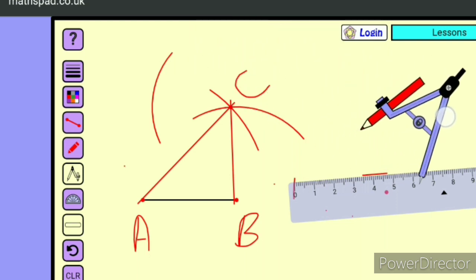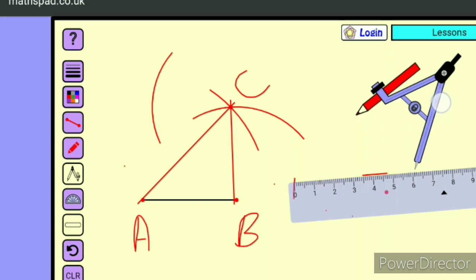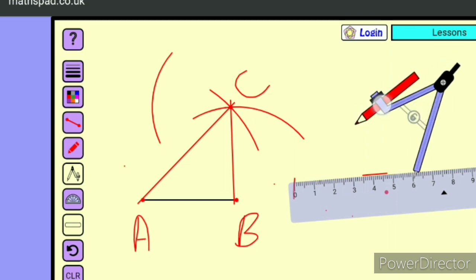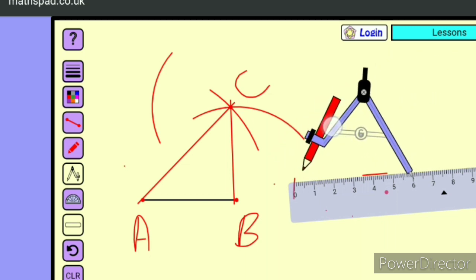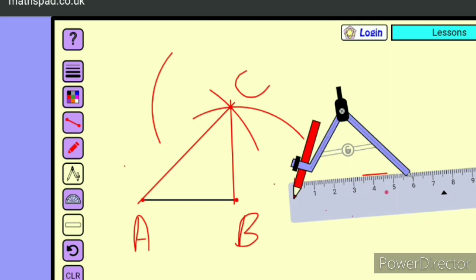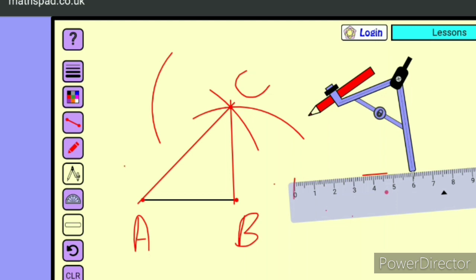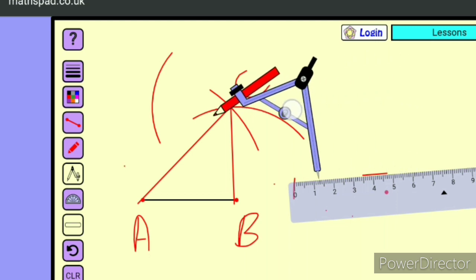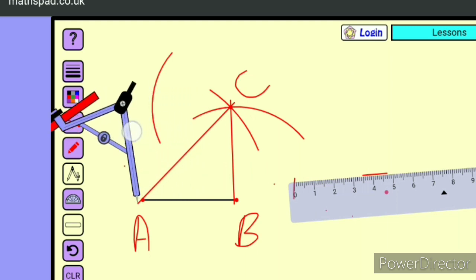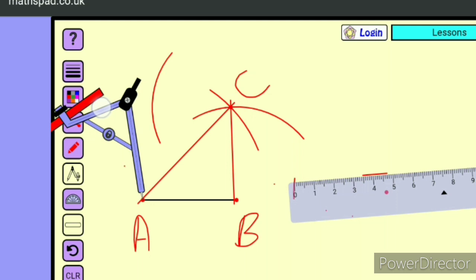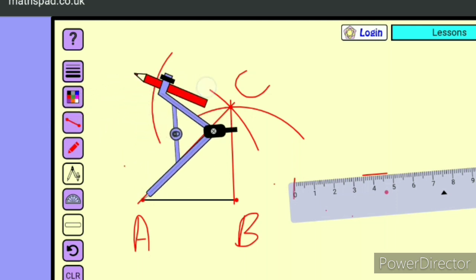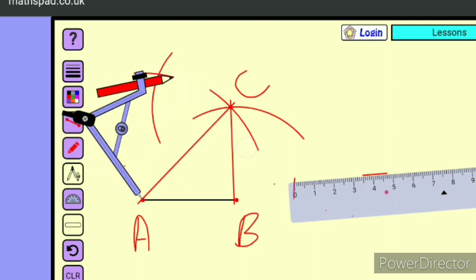Adjust the compass to 6 centimeter. A as center, draw an arc.